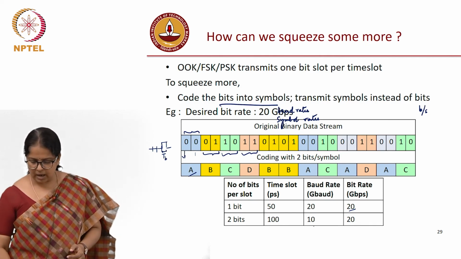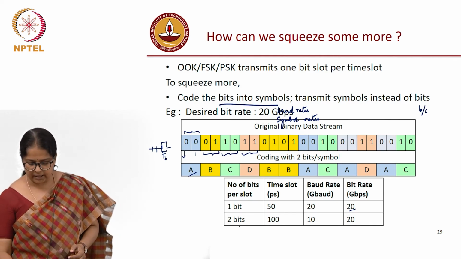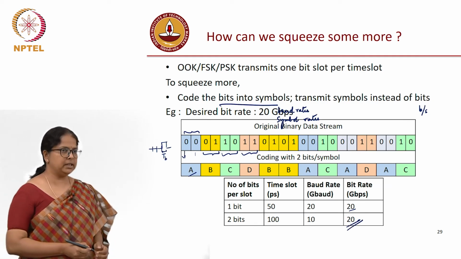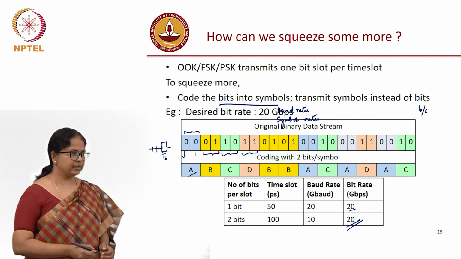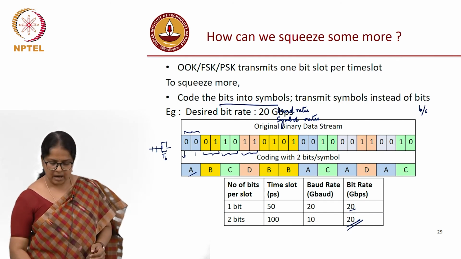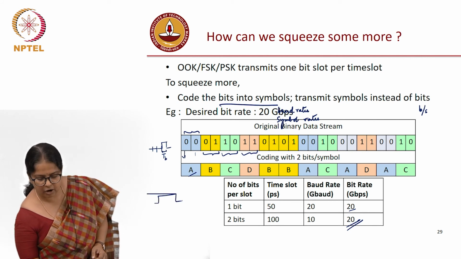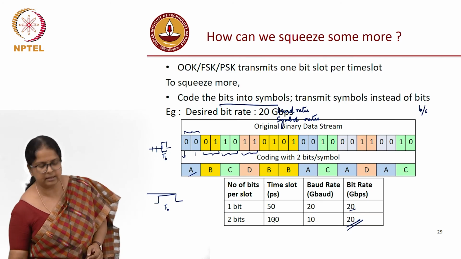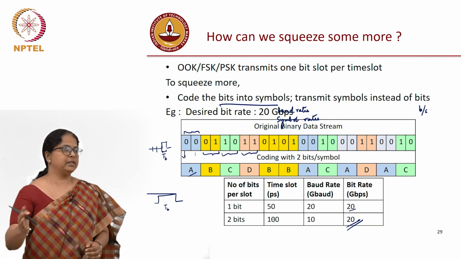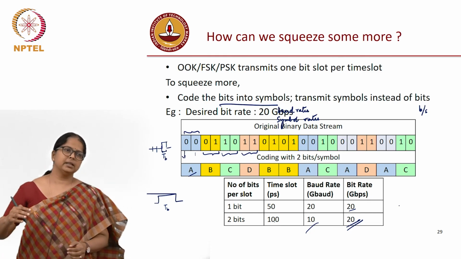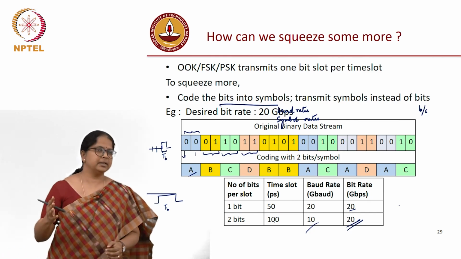But now, I can get the same bit rate of 20 gigabits per second if I do 2 bits per symbol. I can afford to have a longer bit duration, twice as long as the previous case, and achieve the same bit rate. The baud rate has reduced, but the bit rate remains the same.